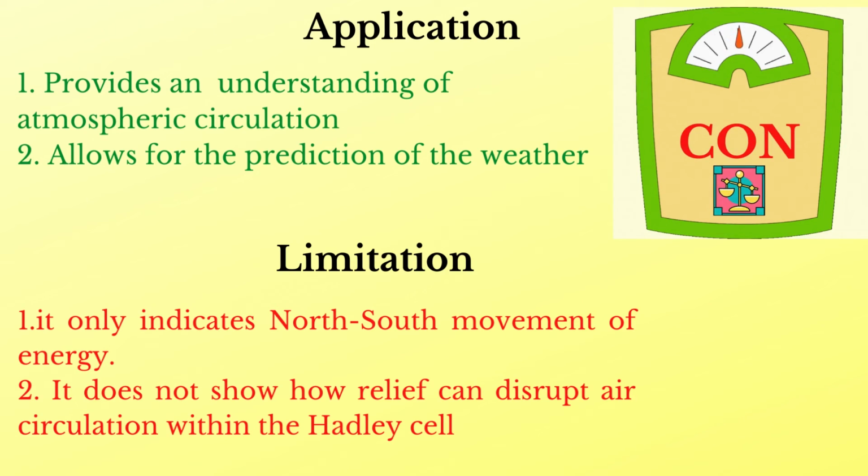In terms of its limitations, it only indicates north to south movement of energy and fails to show that there are other major transfers of energy. For example, it does not take into account the middle latitudes east west air movement, such as the jet streams and the Rossby waves that disrupt the Ferrel cell.